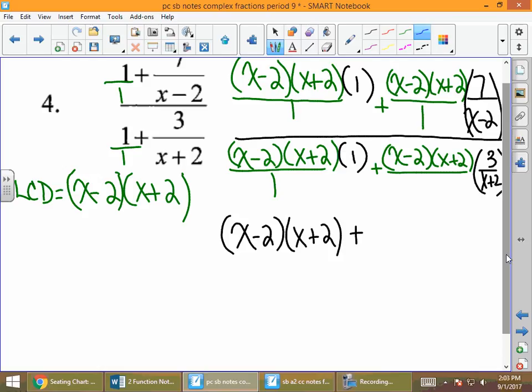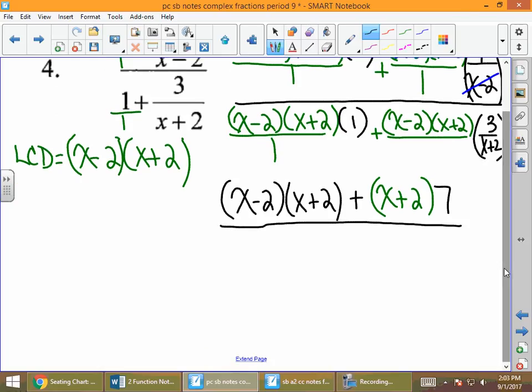Do we have anything exactly the same in the top and in the bottom? We've got an x minus 2, so we cancel that out, and we're left with x plus 2 times 7. You can write the 7 in front. It's not going to make any difference. We're going to have to distribute eventually. Down in the denominator, we have x minus 2 times x plus 2 times 1. Once again, anything times 1 is that anything, which is x minus 2 times x plus 2.